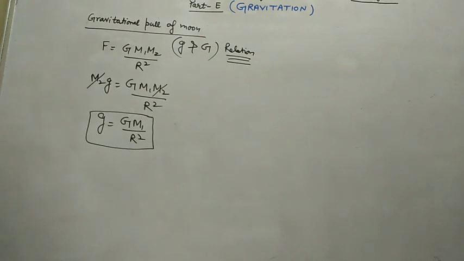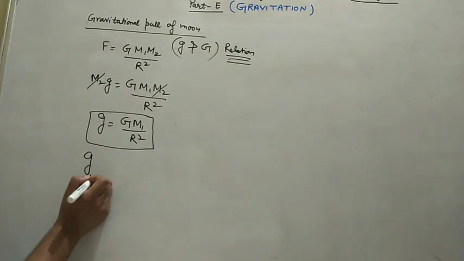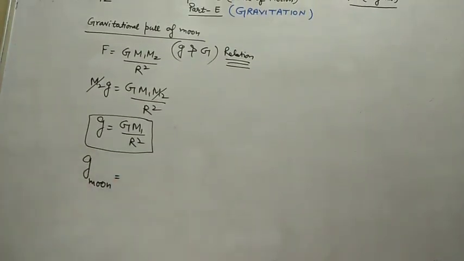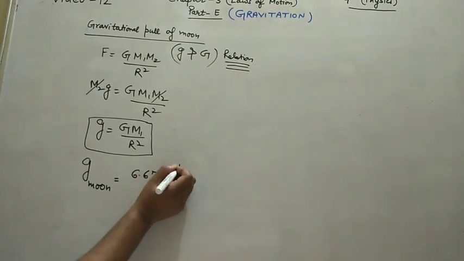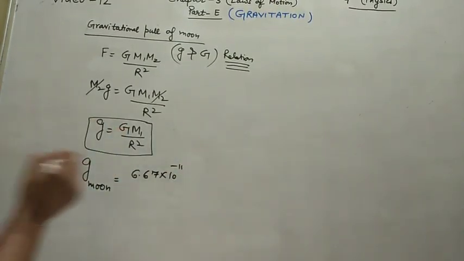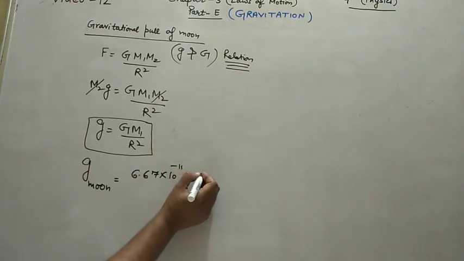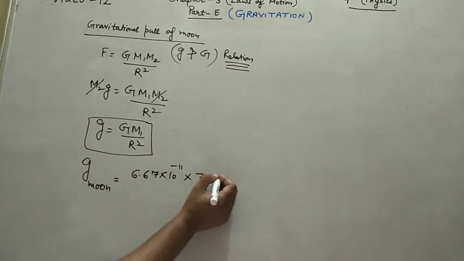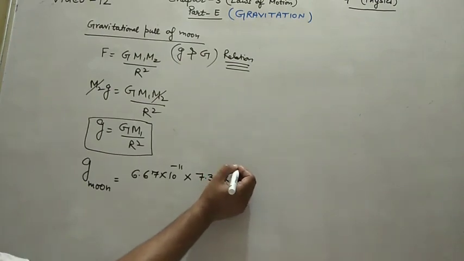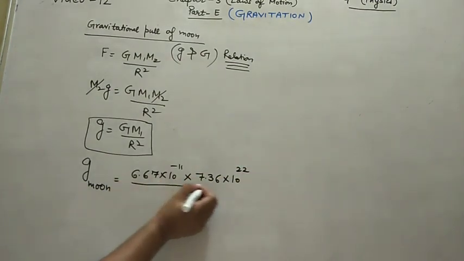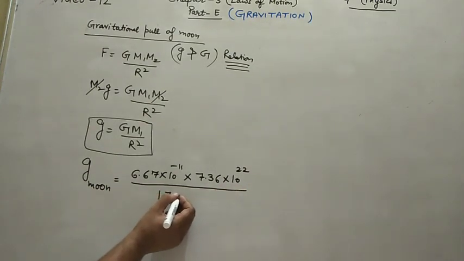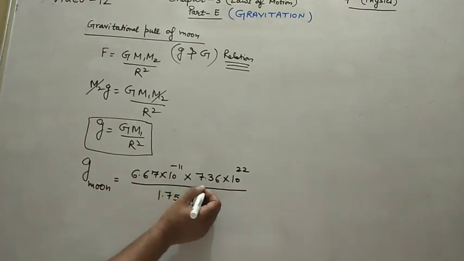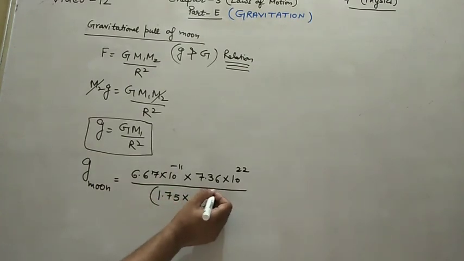By using this relation, we can easily get the gravity of moon. So that is 6.67 into 10 raised to power minus 11, the value of capital G, and then the mass of the moon, which you can learn for knowledge sake, 7.36 into 10 raised to the power 22 kg, upon the radius of moon, 1.75 into 10 raised to the power 6, whole square.